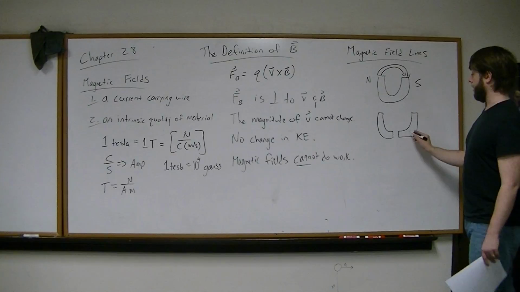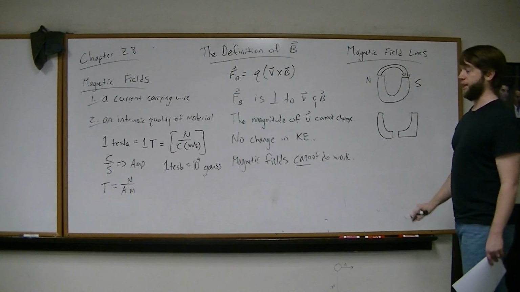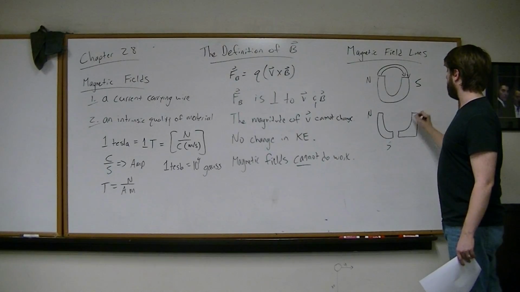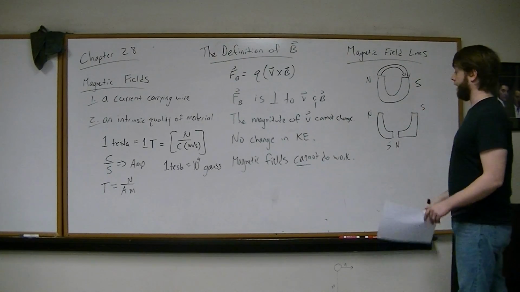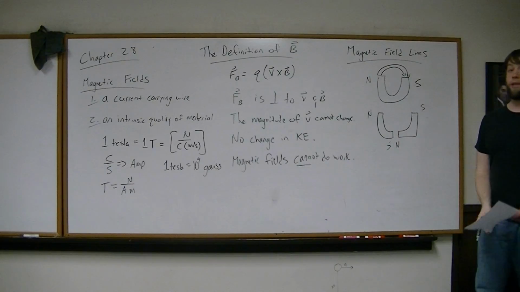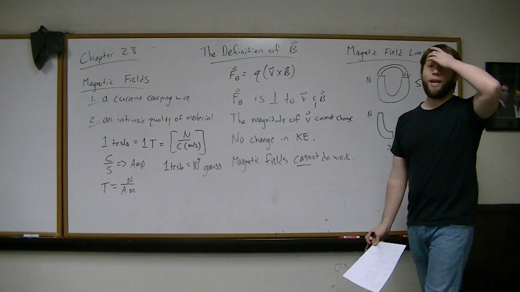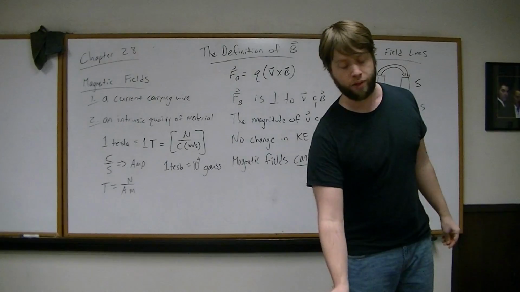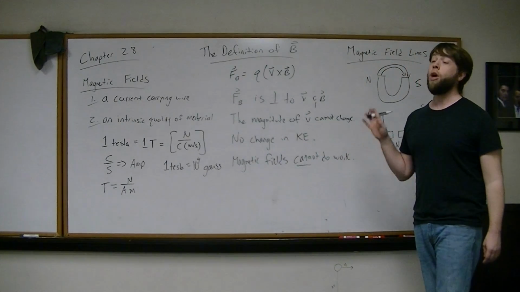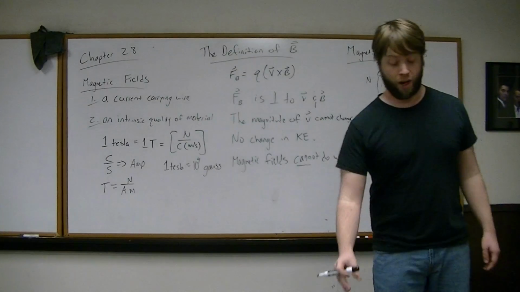If we try to break this, then we just form a new north and south pole. So now I have a north and a south here, and a north and a south here. No matter how many times I break the magnet, I'm always going to end up with a north and a south pole. We will not experience a magnetic monopole.